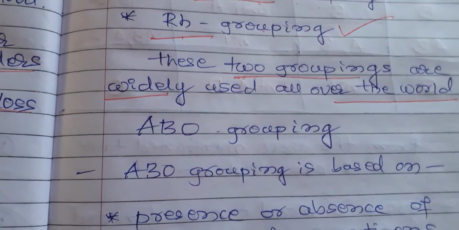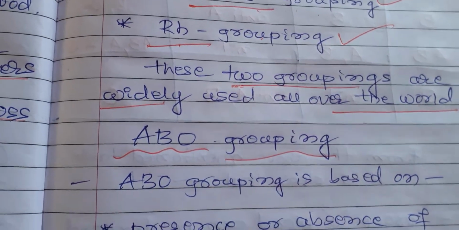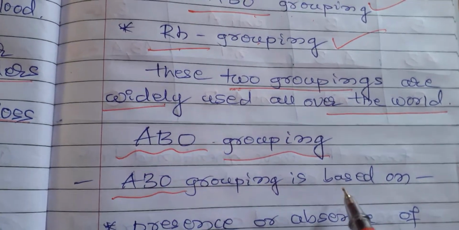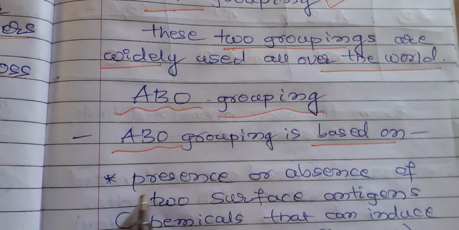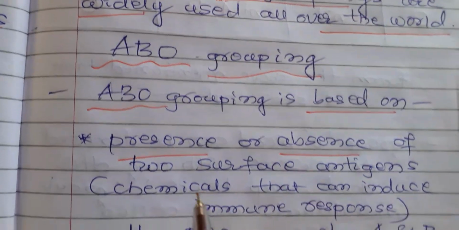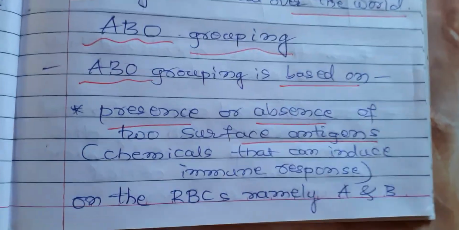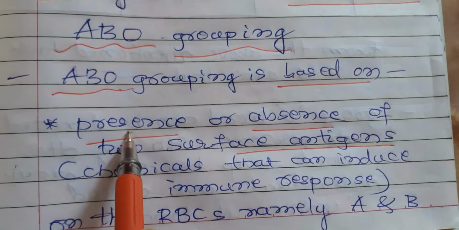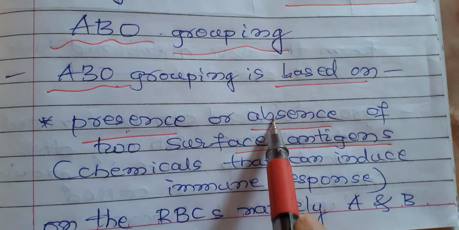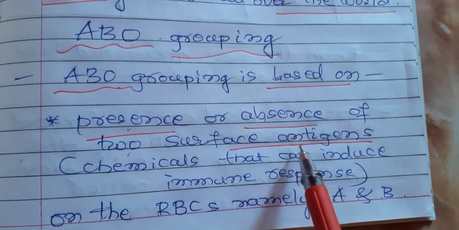Now let us understand more about these blood groupings. First one, ABO grouping. ABO grouping is based on the presence or absence of two surface antigens. And what are these antigens?